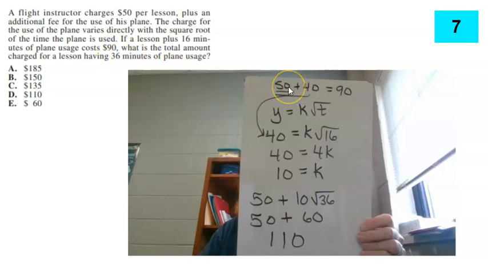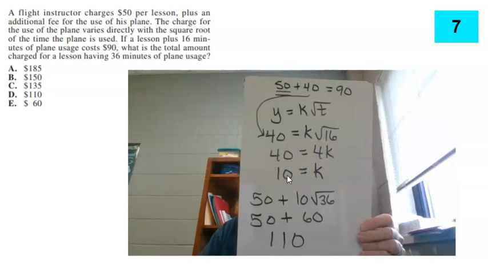So I took off the $50, which we know he charges for the lesson, and I took the $40, and I used a direct variation equation. y varies directly, so some number times the square root of the time. So I plugged in 40, which is what's left up here, equals k, which is some number, times the square root of 16, because he had 16 minutes. Square root of 16 is 4. So then I divided by 4 and got k is 10.